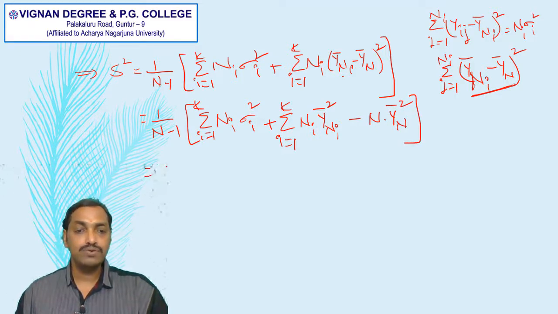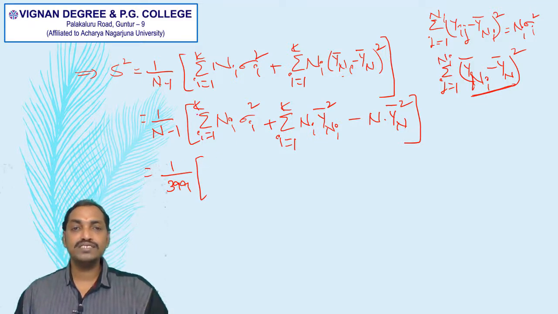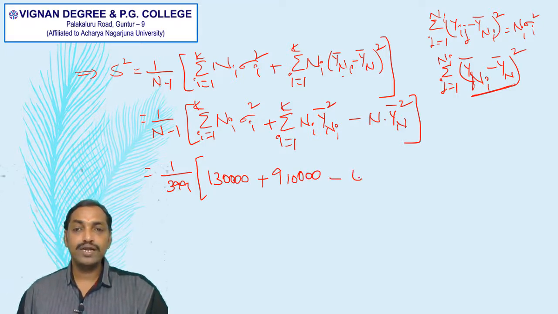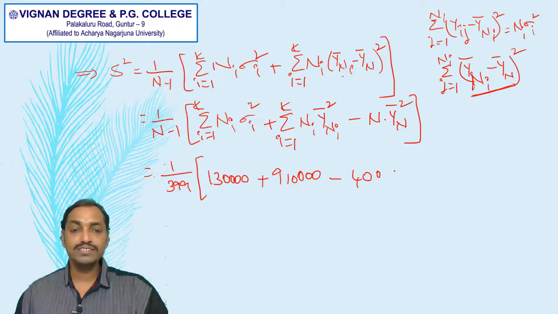So this is equal to 1 divided by 400 minus 1, which is 399, into, from the previous slides, summation i equal to 1 to k Ni into sigma i square, which is 1,30,000, plus summation i equal to 1 to k Ni into Y N i bar whole square, which is 9,10,000, minus 400 into Y N bar square, where capital Y N bar is 47.5.